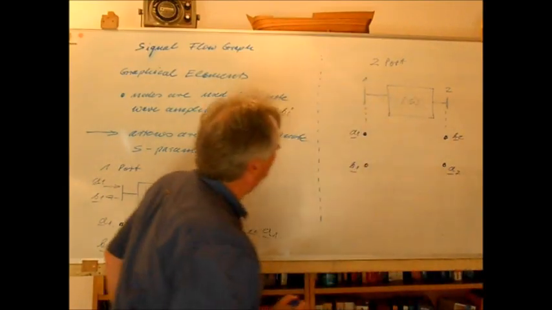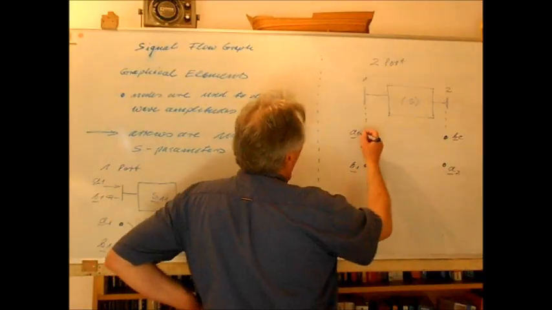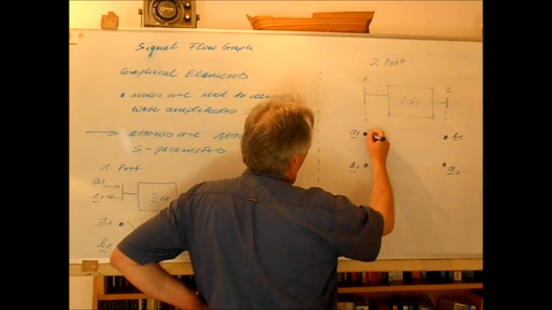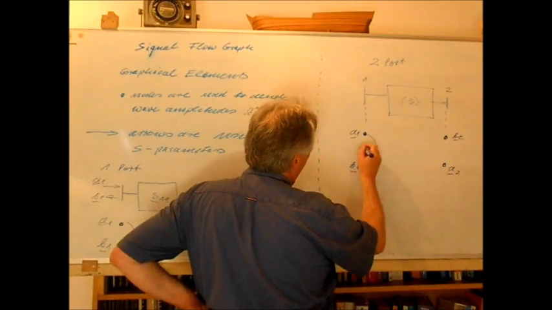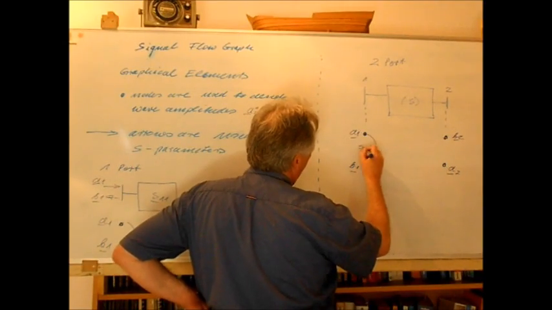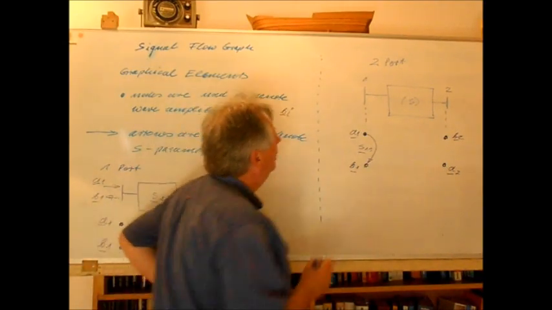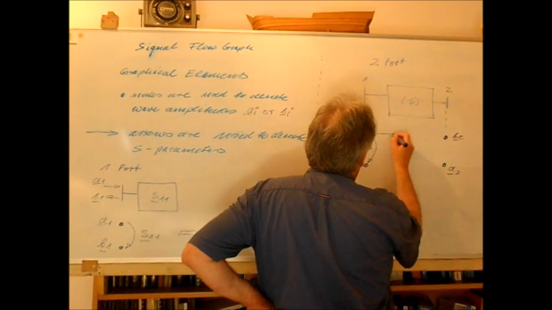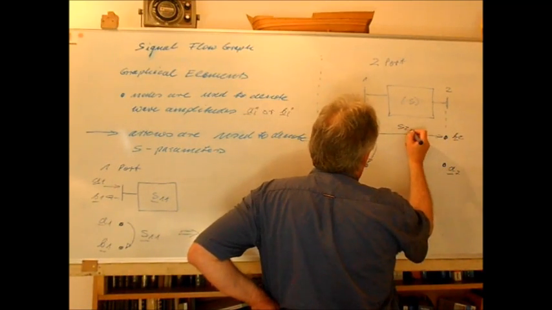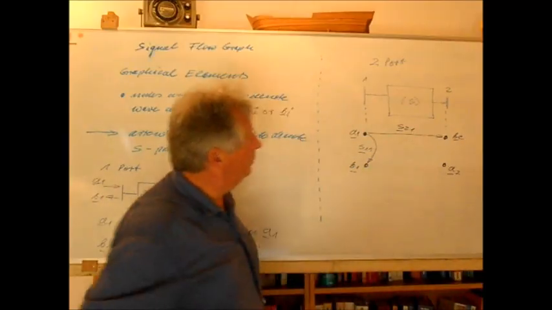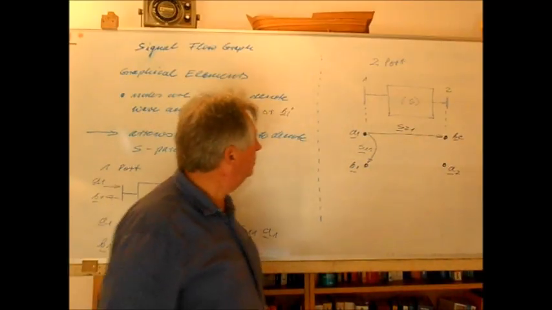And then we know, for example, that the A1 times S11 will contribute to B1, so here we have the parameter S11, and the transmission factor S21 will contribute to the wave amplitude B2.